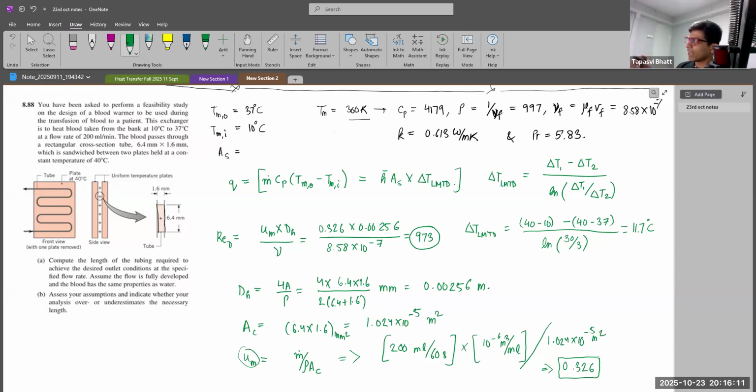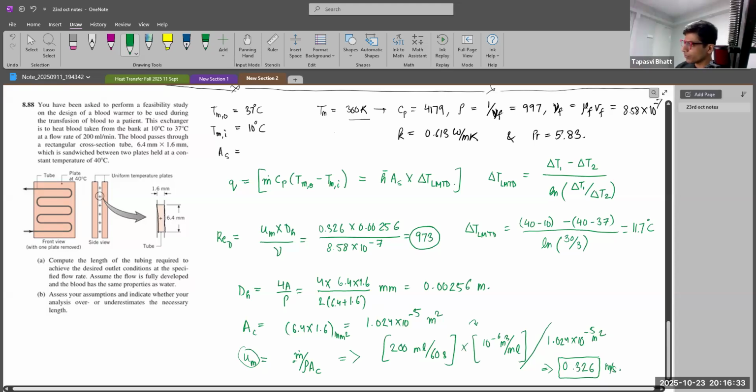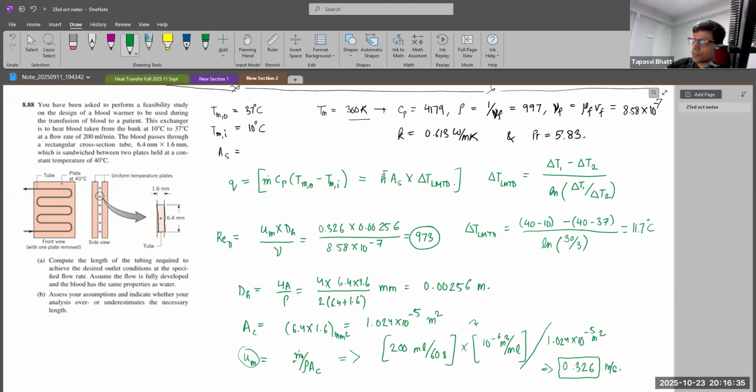From that, you will get this. And then you divide the complete thing by 1.024 times 10 to the power minus 5, which is the area. And from this, you will get the final value 0.326. Now the density got cancelled, because we were having mass flow rate here and we converted it to meter cube, right? So that's why we have this final value 0.326 meter per second. Okay.